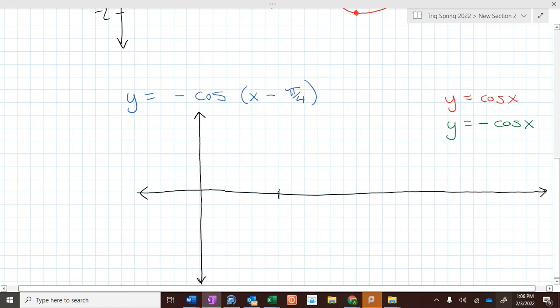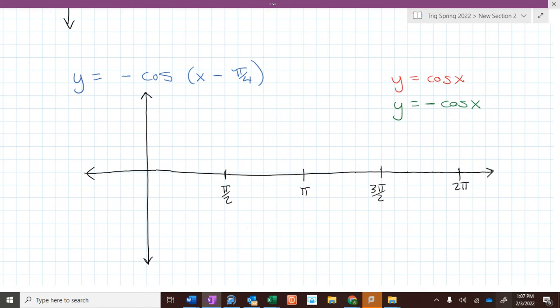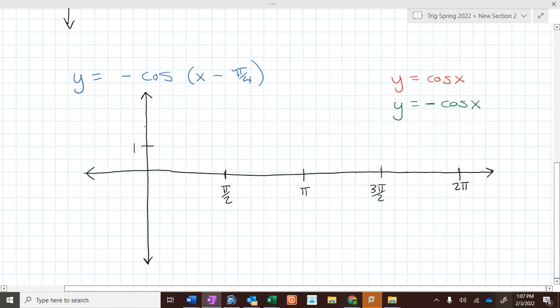So pi over 2, pi, 3 pi over 2, 2 pi. 1, 2, -1, -2.